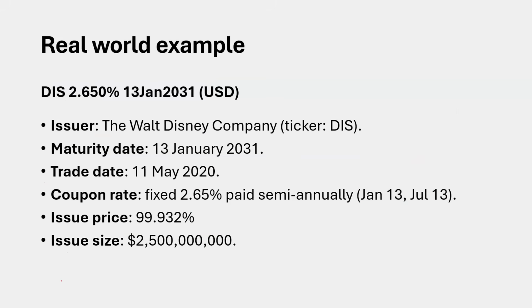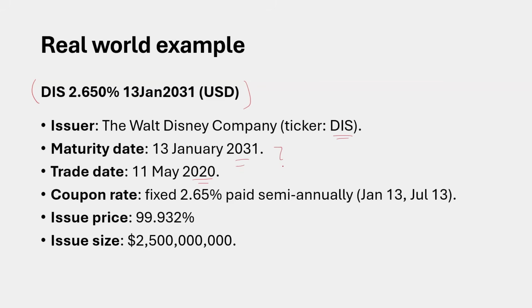And I would like to give you a real world example as well, a real quotation of a bond. So the quotation looks like this. And this is a corporate bond issued by the Walt Disney Company with the ticker DIS. And this will mature in 2031. And it started trading in 2020.